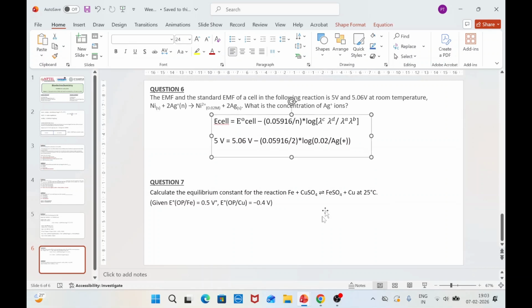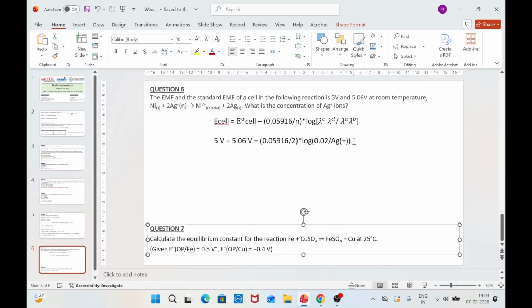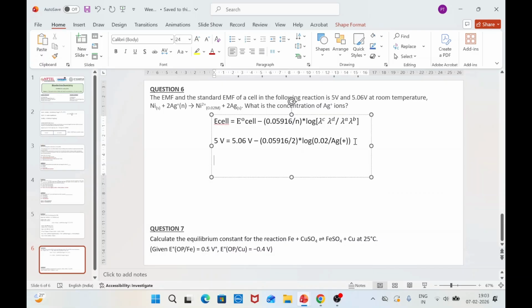So 5 minus 5.06 will be minus 0.06 volt, equals minus of 0.05916 divided by 2, which is 0.02958, times log of 0.02 by the Ag plus ion concentration. The negative sign on either side will cancel each other.